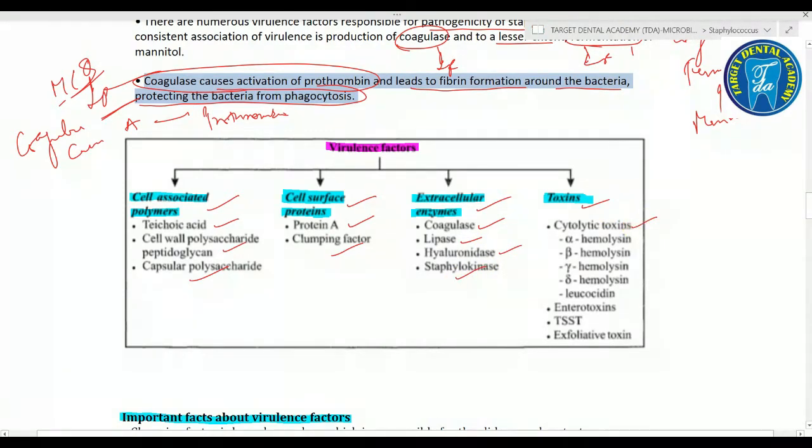The cytolytic toxins are alpha hemolysin, beta hemolysin, gamma hemolysin and delta hemolysin. Also there are leukocidin, enterotoxins, TSST and the exfoliative toxin, where TSST is the toxic shock syndrome toxin.